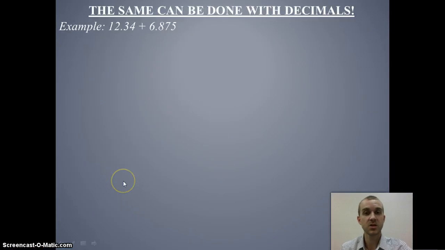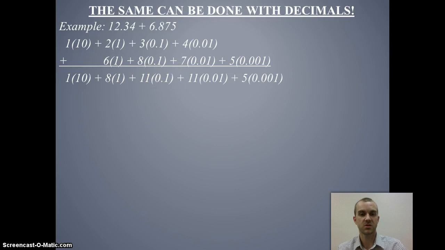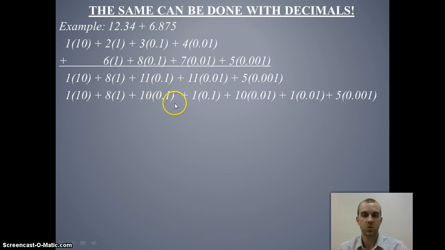The same thing works with decimals, and especially understanding the expanded form can be very helpful. So if I expand out each of these numbers, I add up each of the place values. When I get groups greater than 10, I split them apart into a group of 10 and then whatever's left over. And then I'm going to convert them to the next place value.